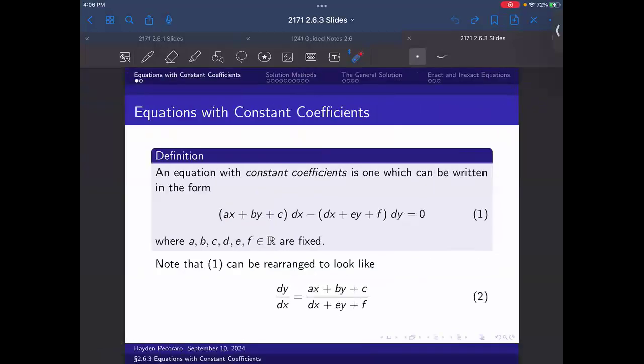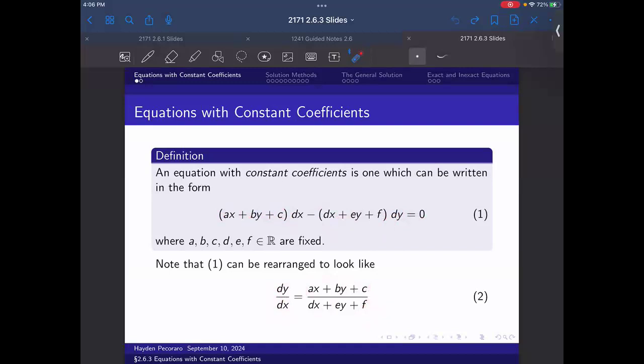We can rearrange these to look like this. The reason that it's formatted this way is because sometimes you will get differential equations in this form. This sort of thing pops up in a multivariable context a lot. And then you can rewrite these as an ordinary differential equation here.